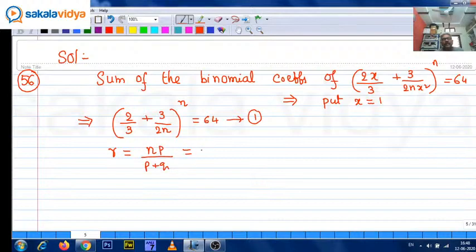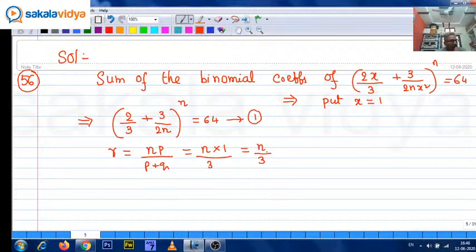Here n means n only, p means 1, and here actually you will be getting 1 plus 2, 3. R is equal to n by 3. We got it now. Right. R is equal to n by 3.